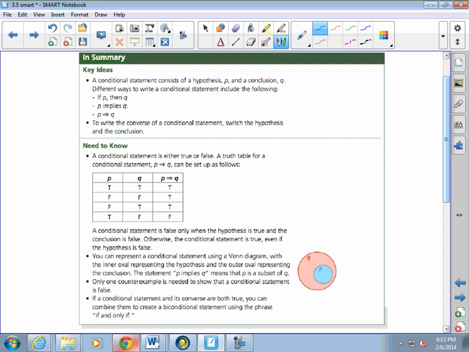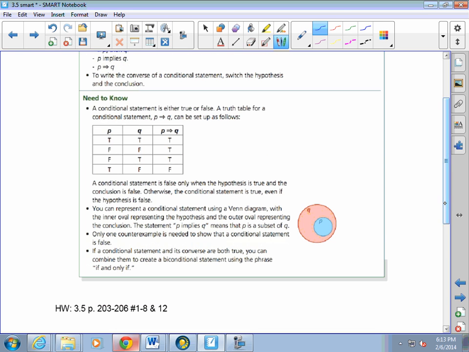So it says you can represent a conditional statement using a Venn diagram with the inner oval representing the hypothesis and the outer oval representing the conclusion. The statement P implies Q means that P is a subset of Q. Okay, so that's like saying dogs are animals, or if a dog has 4 legs, then it's a mammal.